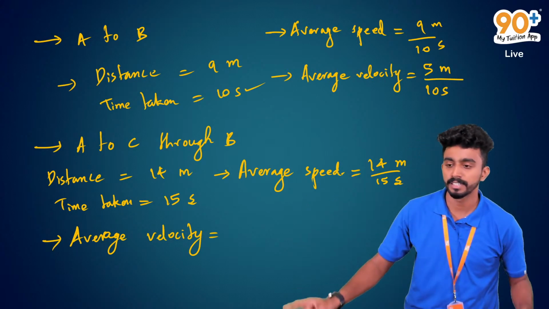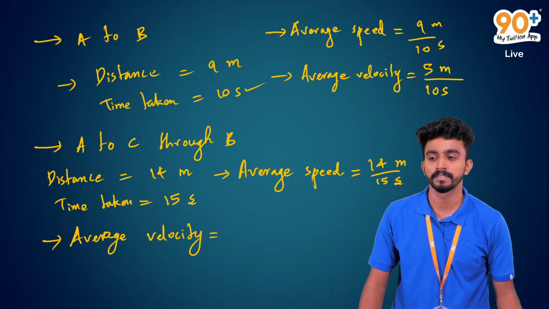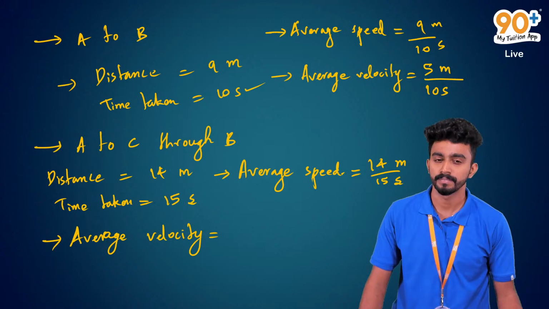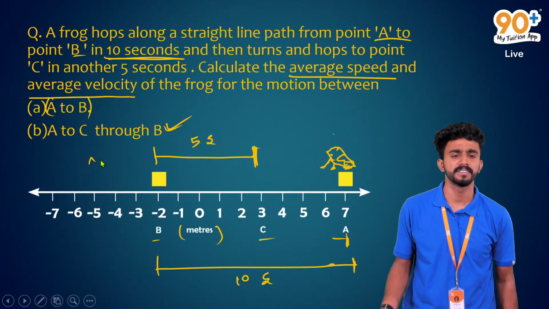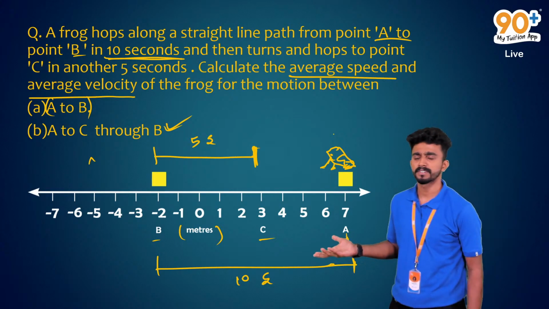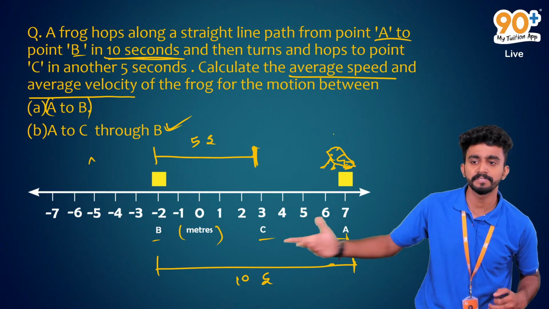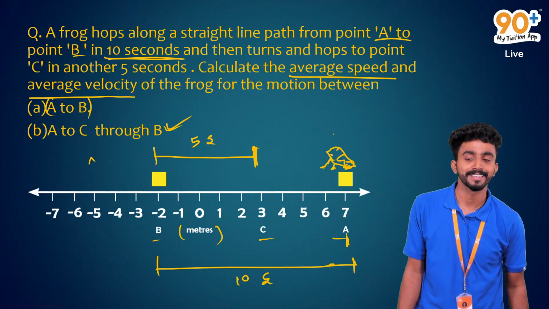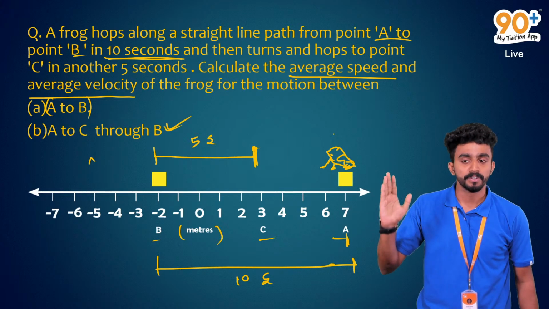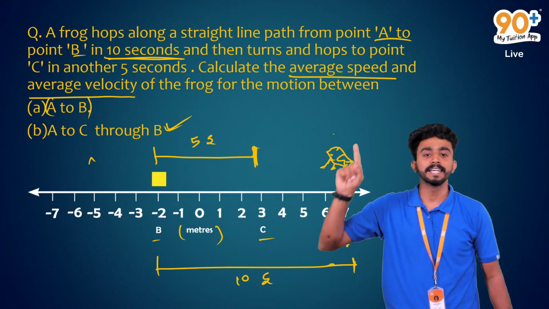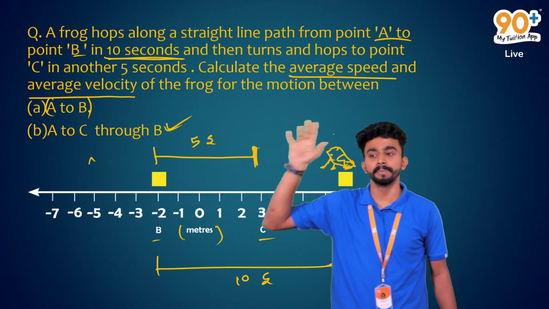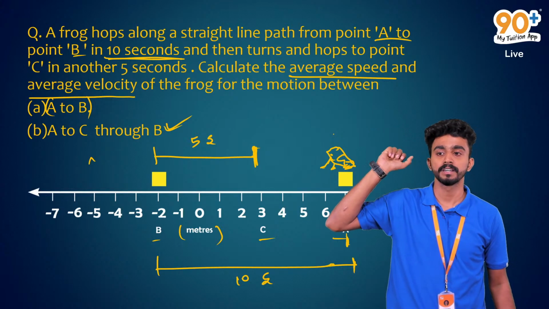What do you think? So here the displacement is 5. How did we get the displacement 5? I don't understand. Confused. How is it 5? So first the frog is hopping from point A to point B. So it will be 7 minus 2, so it will be 5 meters, right?